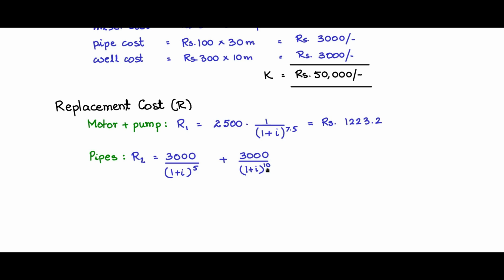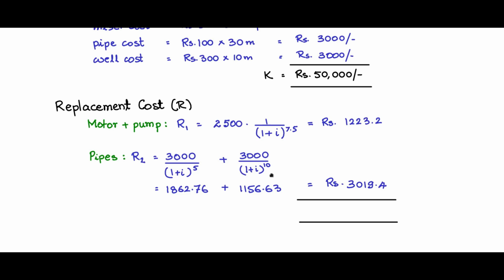So the 10th year present worth reflected back to the present is this value. You add both of them, 1862.76 plus 1156.63 comes to 3019.4. So when you add all the replacements, you will get R is equal to rupees 4242.6.